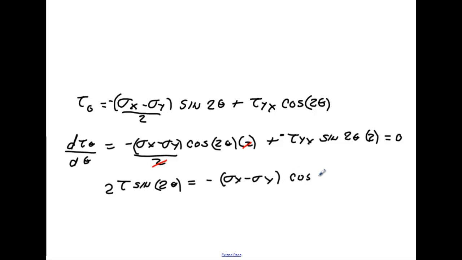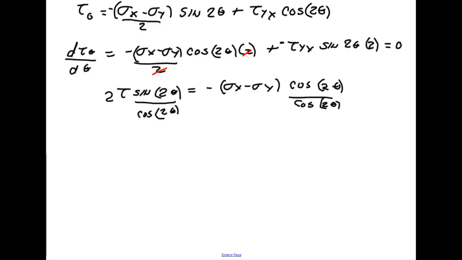I got the cosine of 2 theta here. Okay, at this point I'm going to divide everything by the cosine of 2 theta, both sides. When I do that, they cancel out here, cancel out here.